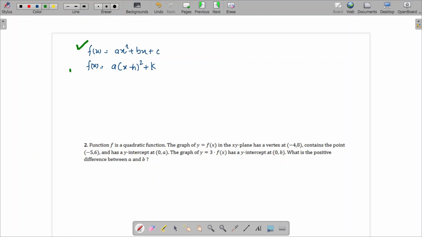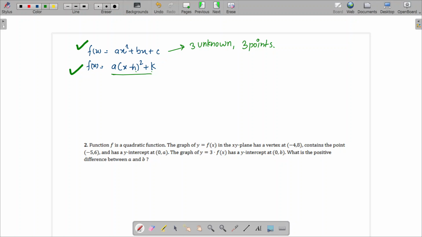Now talking about vertex form. Here I told you if there are three unknowns, you need at least 3 points to find the values of all three variables using regression. But here this is not the case.